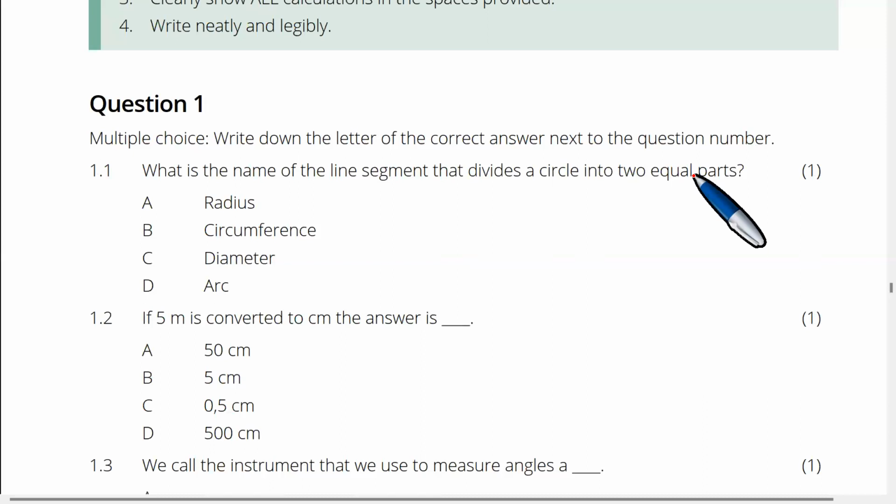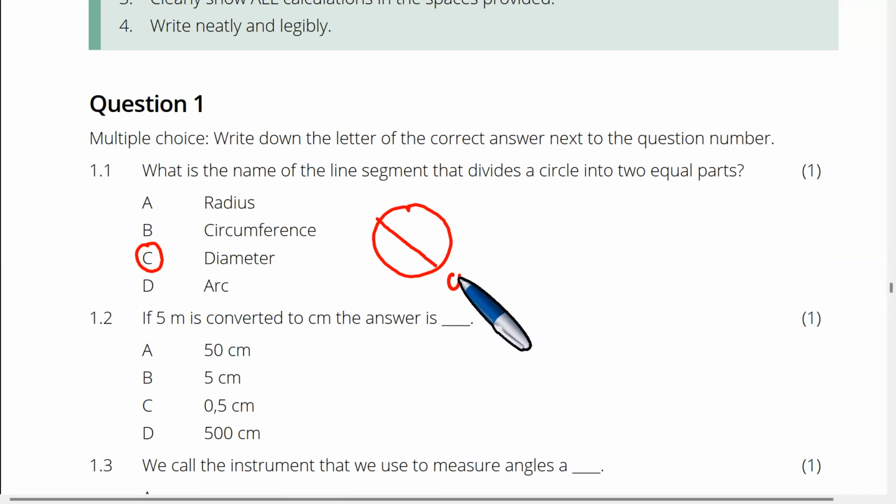Is it a radius, the circumference, diameter, or arc? The diameter. Right, so well done. We're looking for the name of the line segment that divides a circle into two equal parts. So you have a circle like this, it's divided into two equal parts. And this line here has a special name. We call it the diameter.